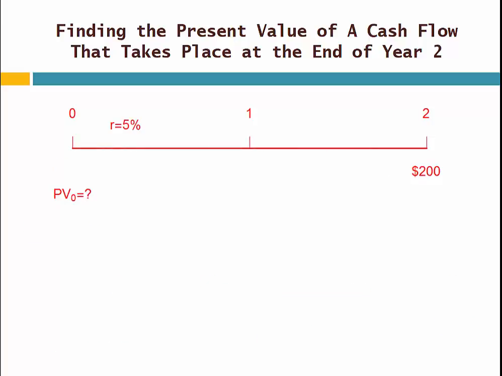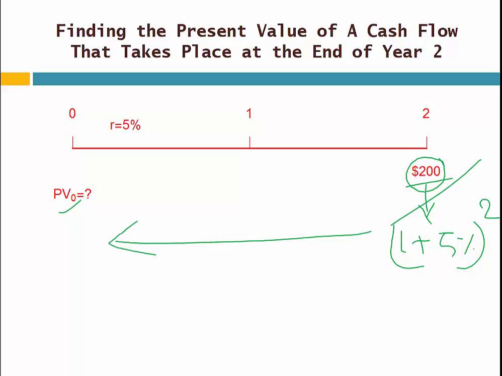In this example, same example, again extending the time period. Now I have 200 that is coming to you after 2 years. Then what is its present value? Remember, you can divide this by 1 plus 5% to the power 2, and then get back to the present.